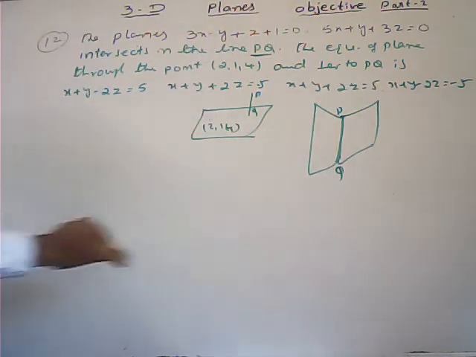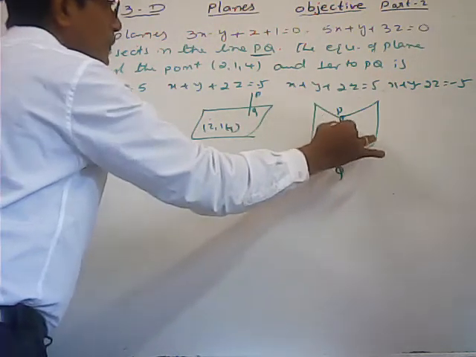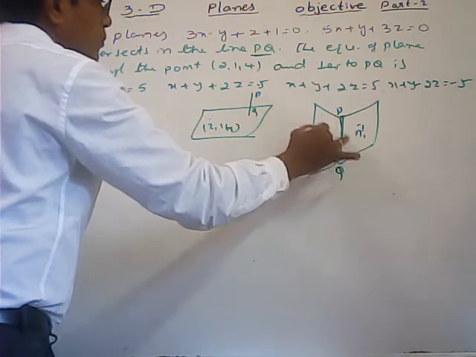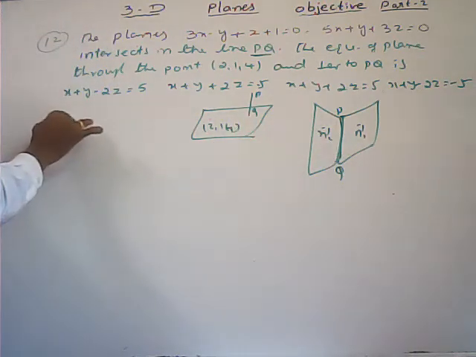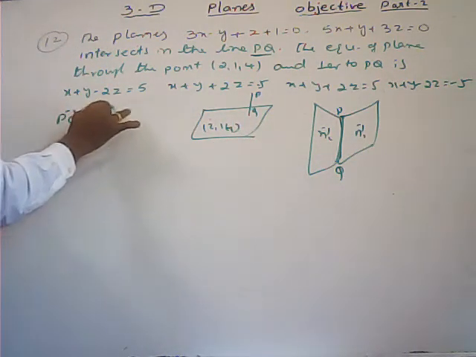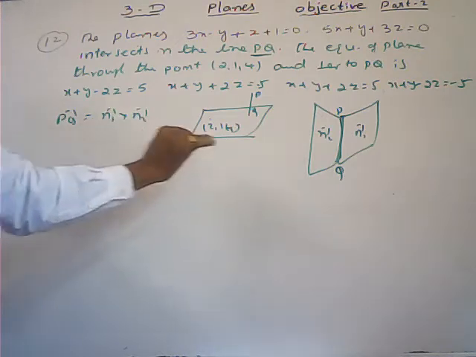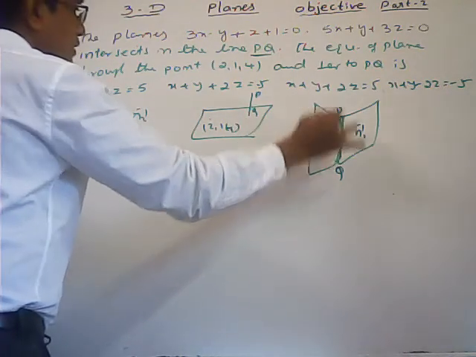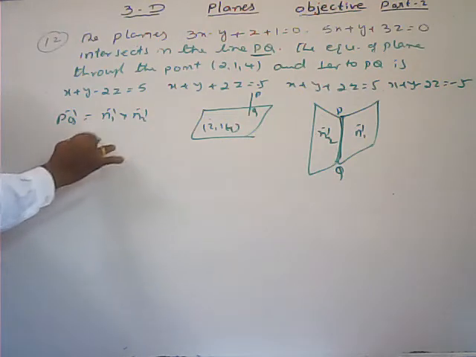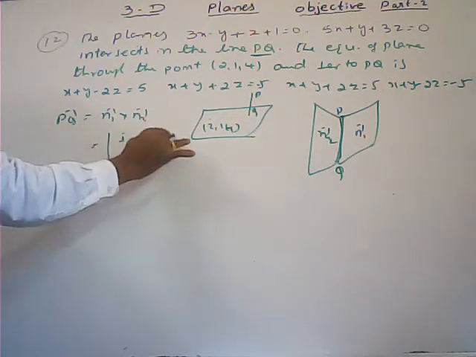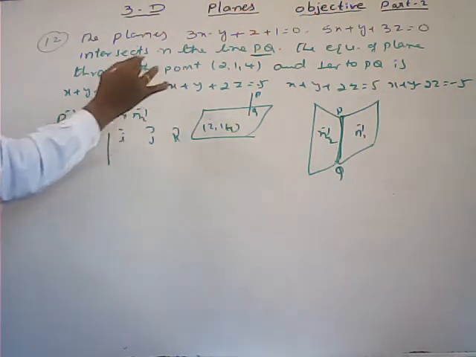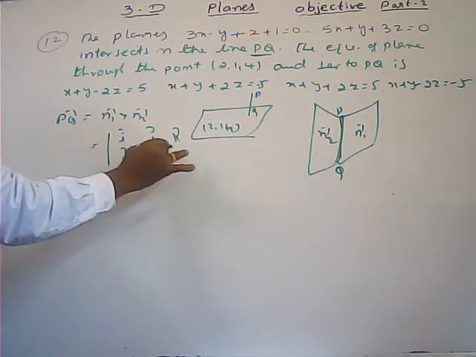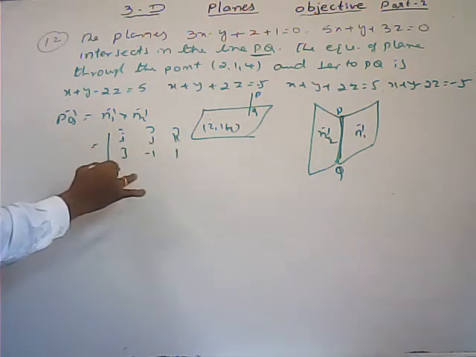And PQ, this line of intersection, is perpendicular to both n1 bar and n2 bar. So PQ bar is nothing but n1 bar cross n2 bar, the vector perpendicular to both, that is their cross product. Determinant of i, j, k; 3, minus 1, 1; 5, 1, 3.